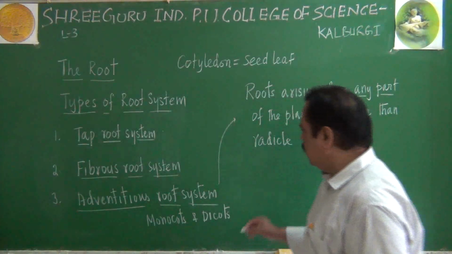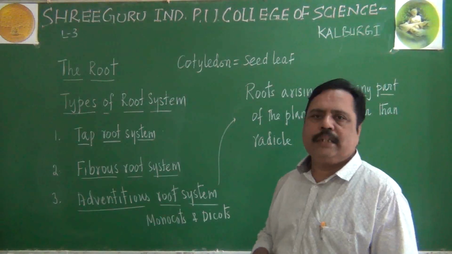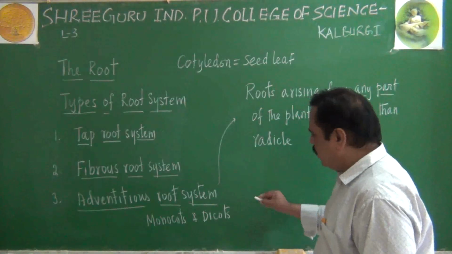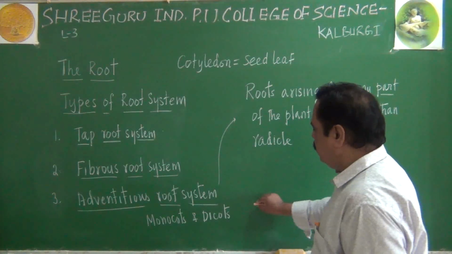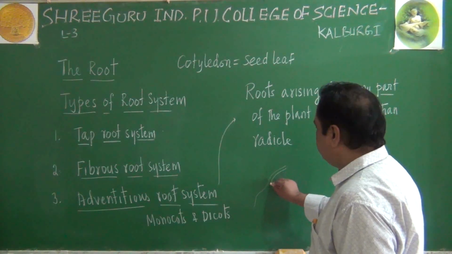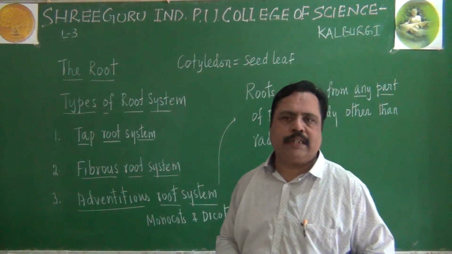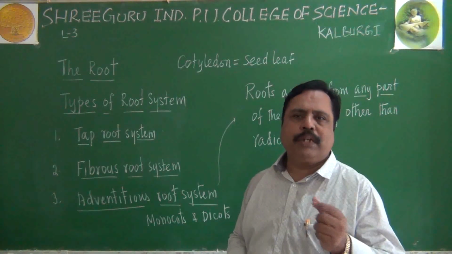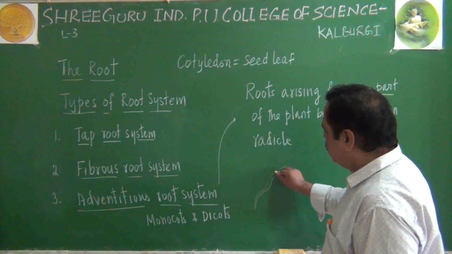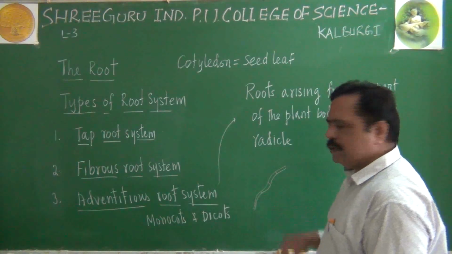For example, you could have come across some type of roots arising from the nodes of the plant. There are plants called climbers, you have to remember. Those climbers will be having a weak stem, like betel plant, jasmine plant, pumpkin and so on. This weak-stemmed plant will be having the nodes like this.